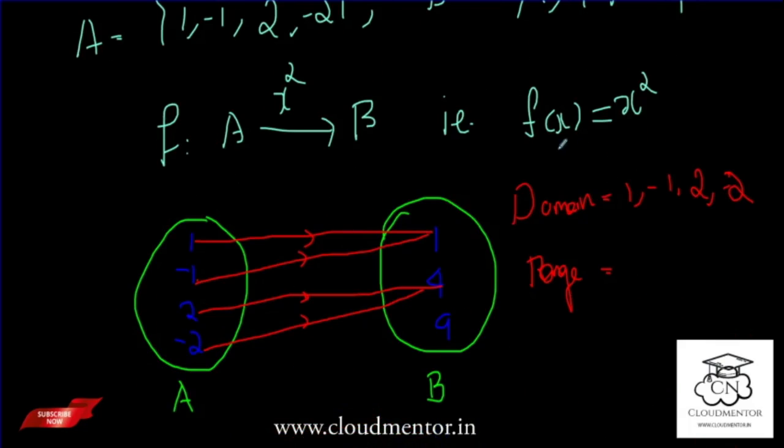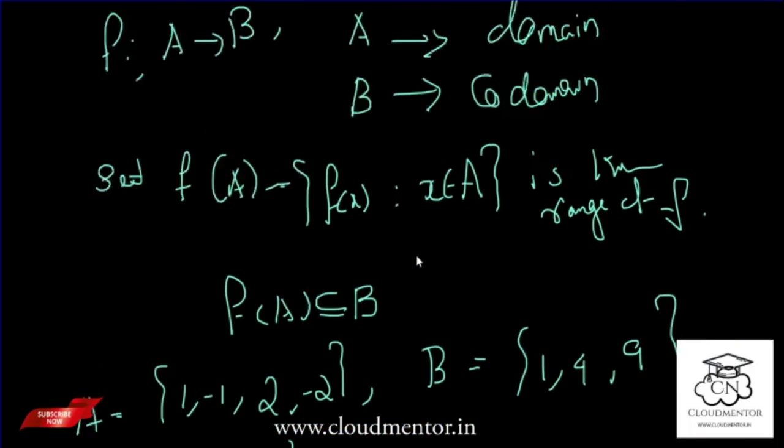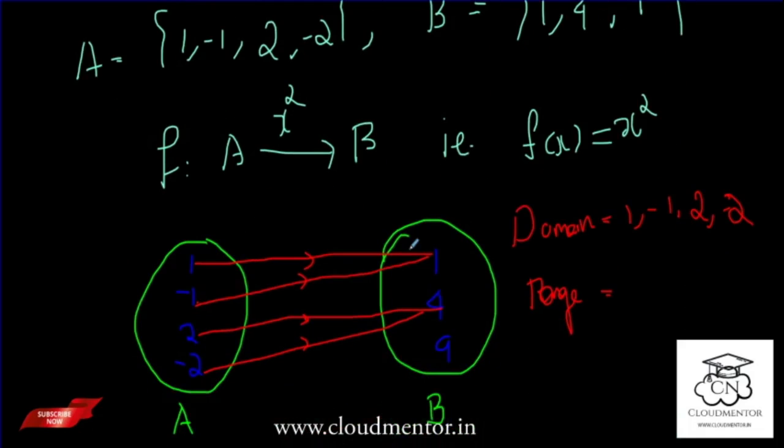So here the range will be this one, 1 and 4, the possible values of the function, that is 1, 4. And the codomain will be the set B itself, that is the set B containing 1, 4 and 9.